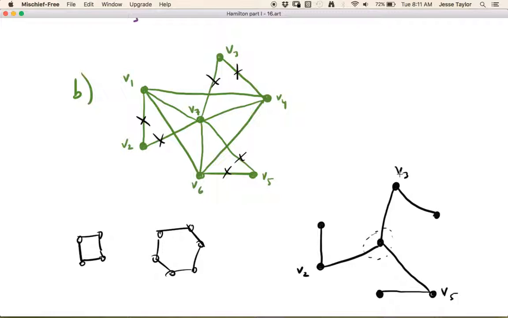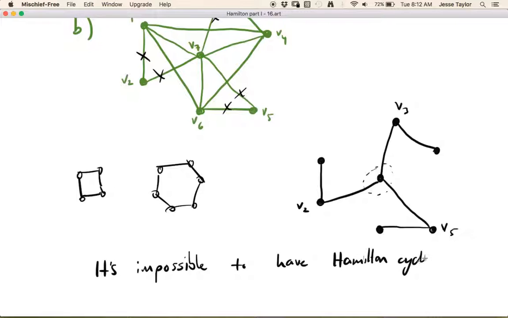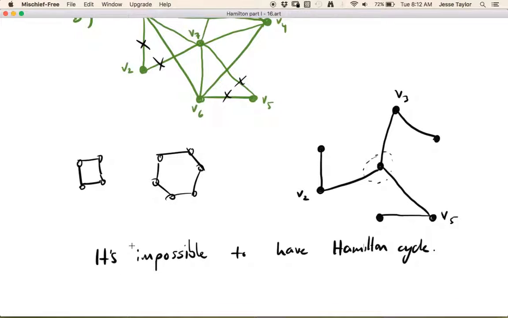Okay, let me write a quick justification here. It's impossible to have a Hamilton cycle, and I gave the justification already, so just as a reminder, I'll say consider the edges incident with degree 2 vertices.